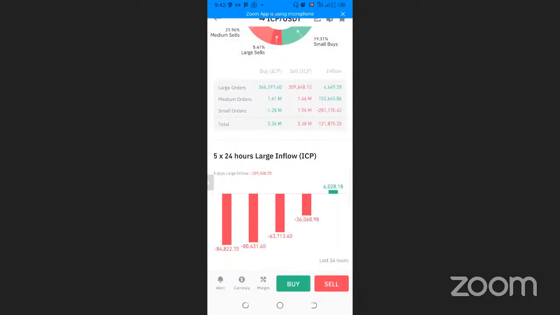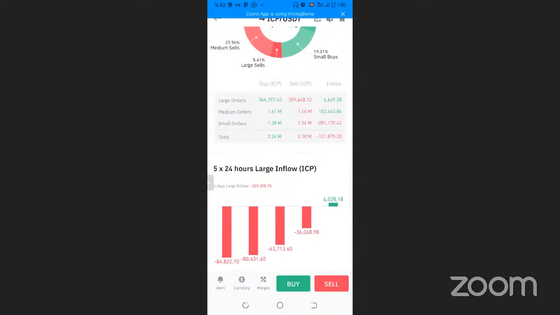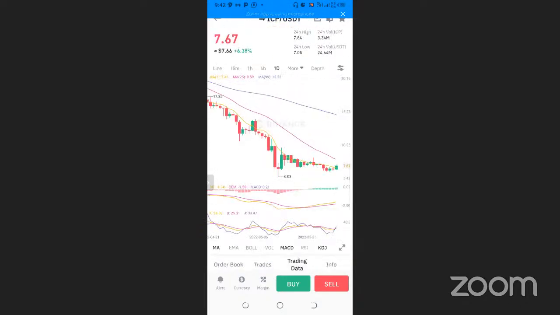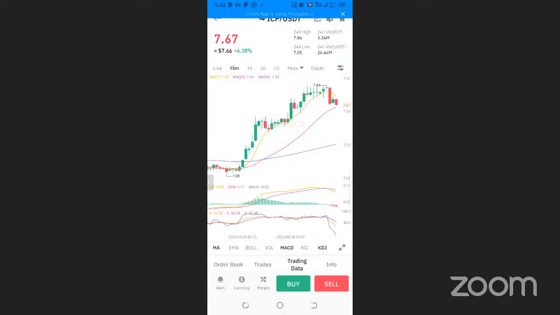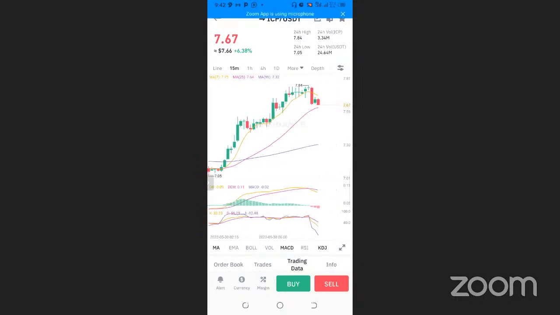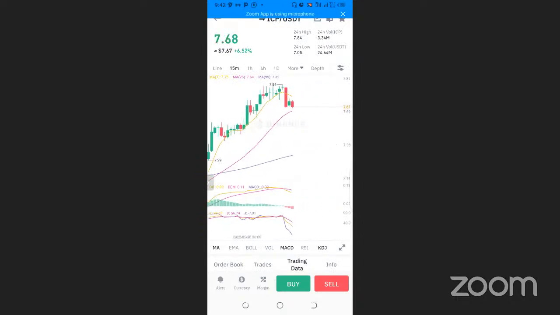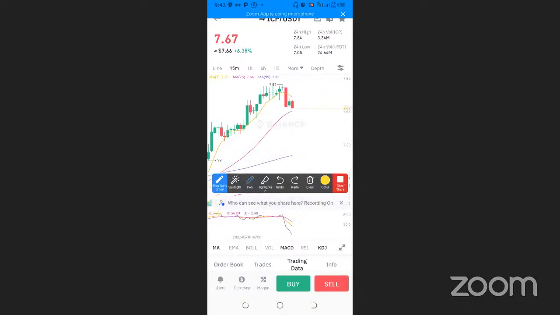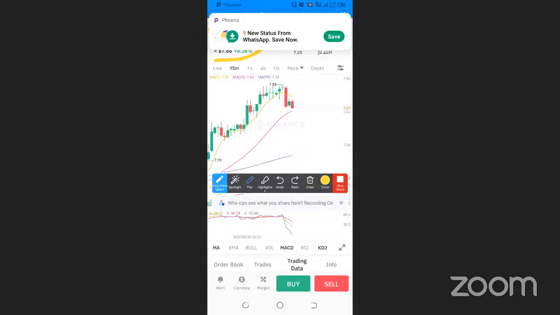So we are seeing the current buyers are very, very few. If you look at the 15-minute candle of this, it shows us that this market is selling right now. Okay, the market is selling at all-time high. All-time high is already 7.8, and look at 7.6.